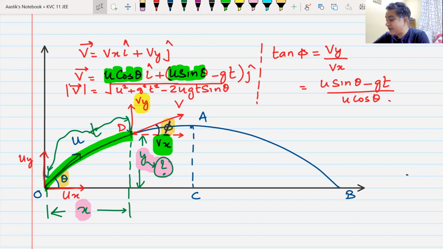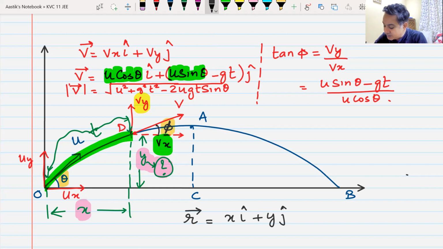From there, I can write, again, don't get confused, the displacement vector of this particle, how much it has displaced. The displacement vector of this particle will be xi plus yj. Do we understand this? Along x, it has moved x. Along y, it has moved y. Now, how do I draw the displacement vector?